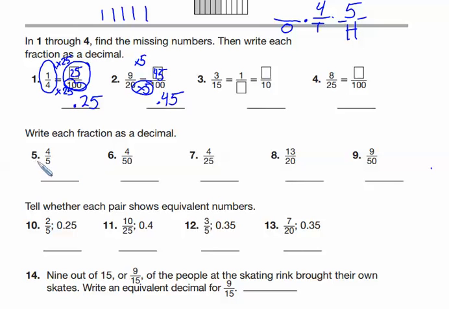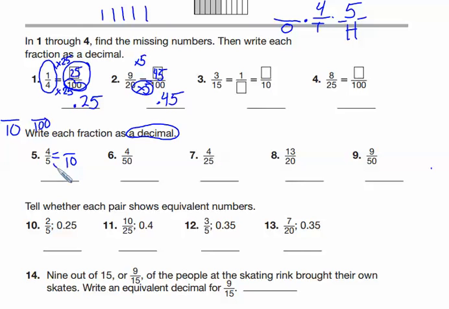All right, so for number 5, 4/5 is equal to... we want to convert it to a decimal again, that's what the directions are saying. So to do that, our denominator is going to have to be either a 10 or a 100 so that we can fit it into this place value chart in the tenths or the hundredths place. So I'm going to go with tenths just because I know it's easy to make a 5 into a 10.